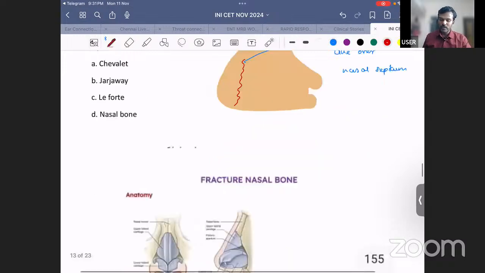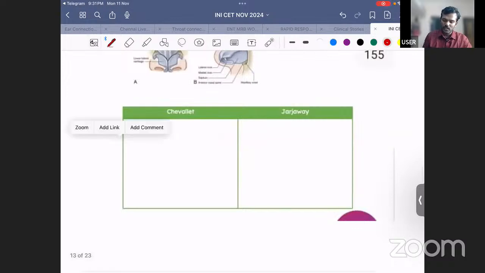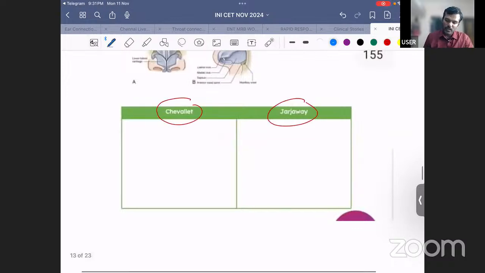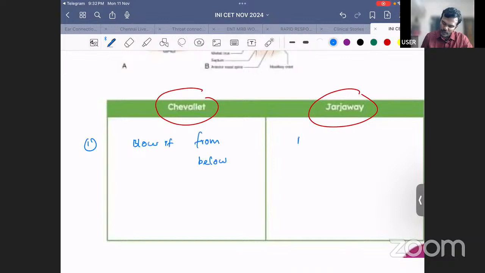We have discussed this adequately. There are two types of nasal septal fractures: Chevallet fracture and Jarjavay fracture. If the blow is from below, it is Chevallet fracture, and the fracture will be vertical.